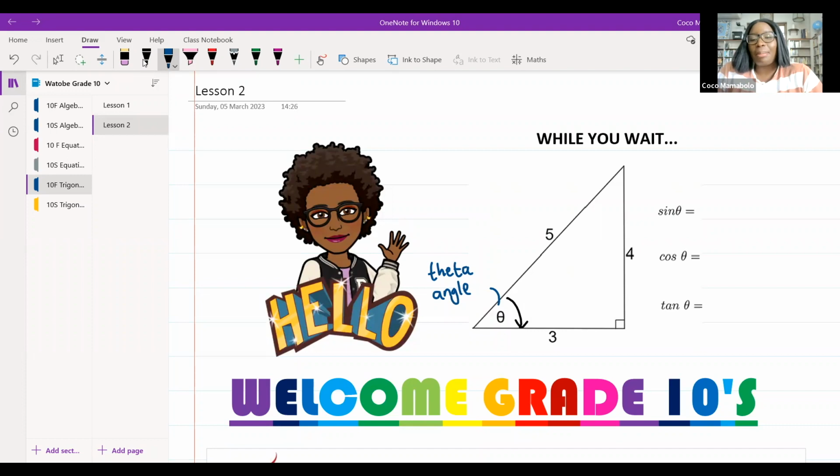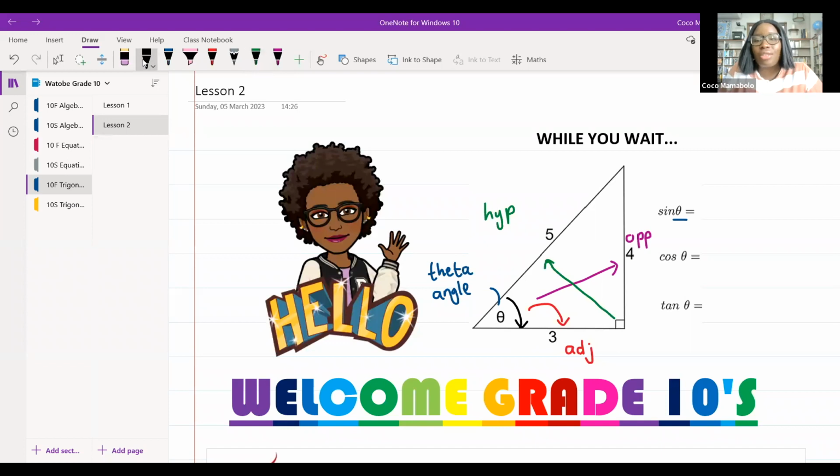All right. Can somebody give me an answer, even if it's in the chat, of sine theta? Now, remember, guys, if this is my theta, the side right next to my theta is called my adjacent side. The side all the way on the other side over there is called my opposite. And the side that is opposite my right angle is my hypotenuse.